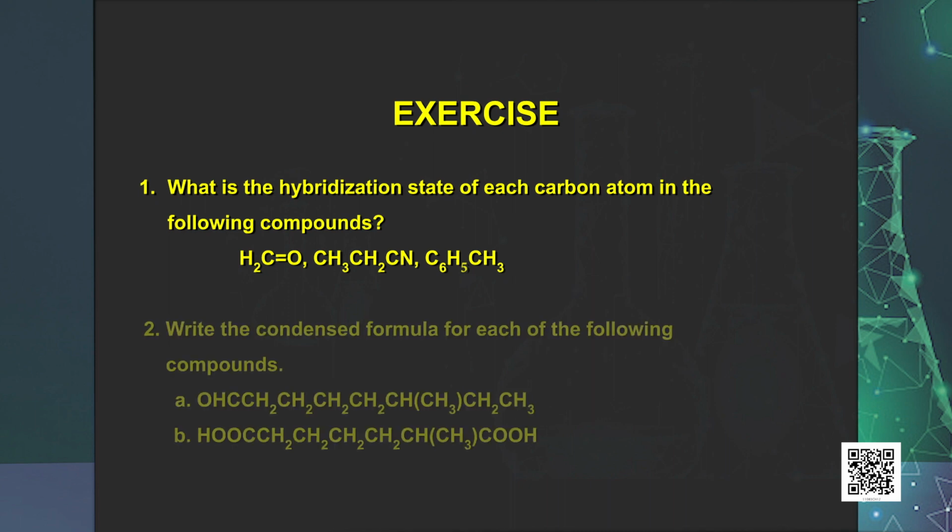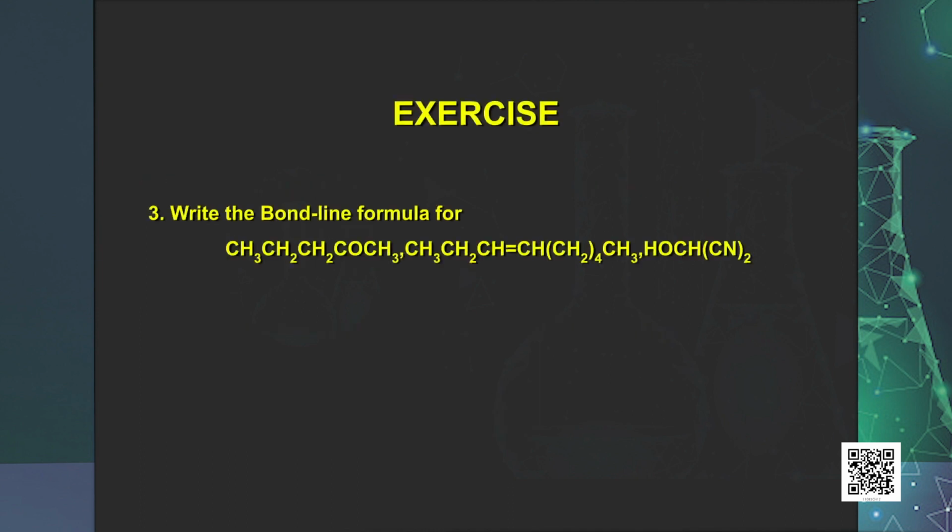Next question is, write the condensed formula for each of the following compounds as it is shown on the screen. Now our next question is, write the bond line formula of the given organic compounds. Fourth question is, what are benzenoid compounds? Give 2 examples.